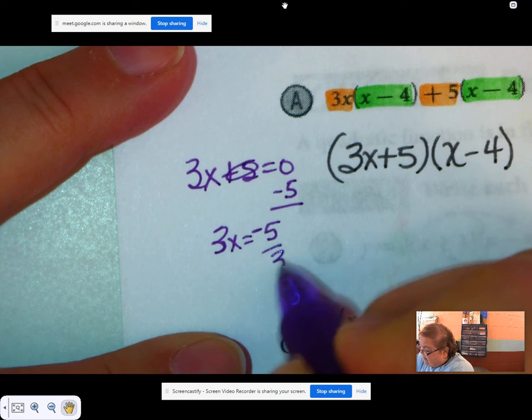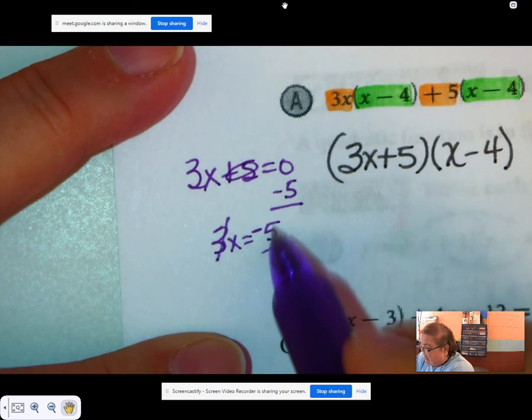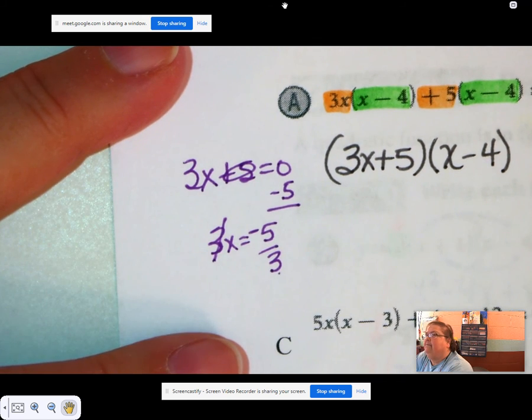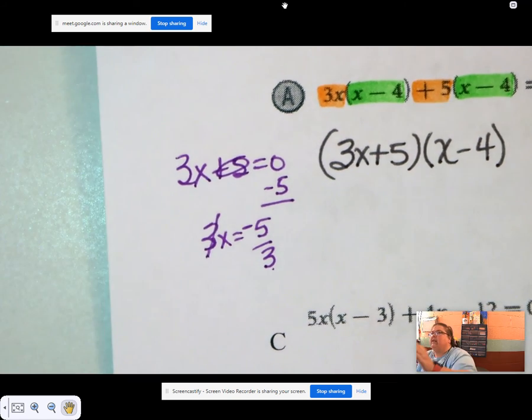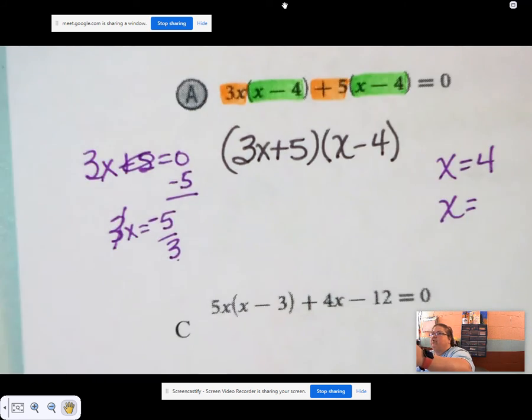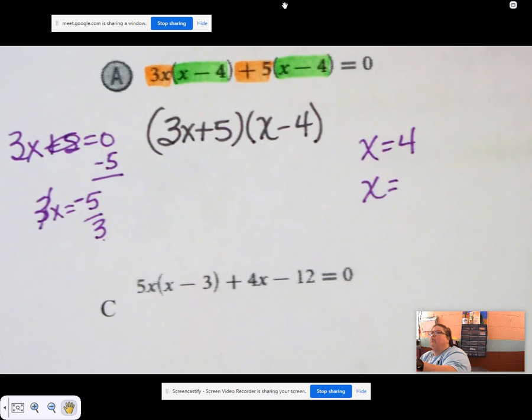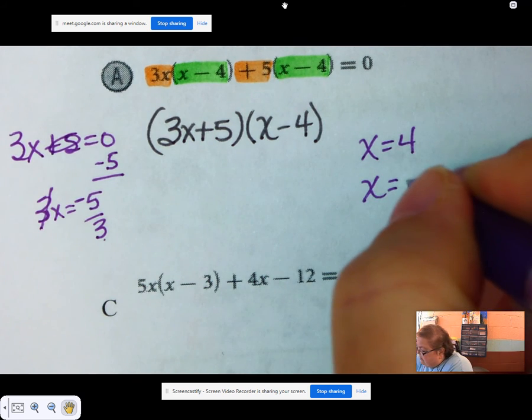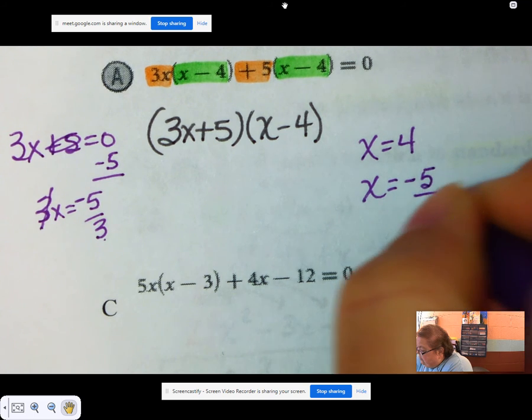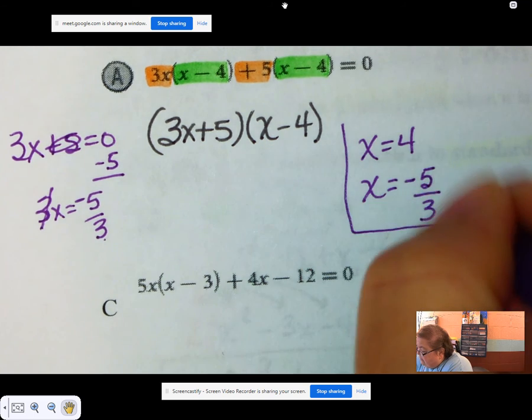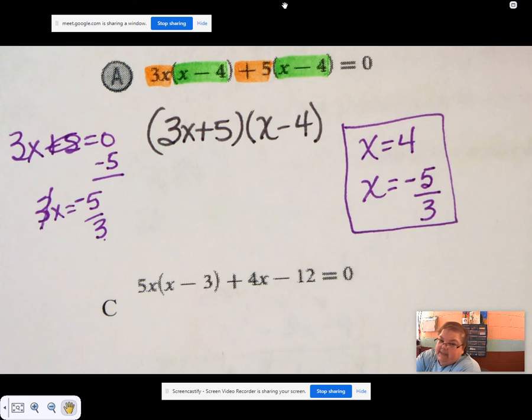Divide by the 3. And that's what we get. Negative 5 over 3. Leave it as a fraction. We don't change it to a mixed number. We leave it as a fraction. So the other x value is negative 5 over 3.